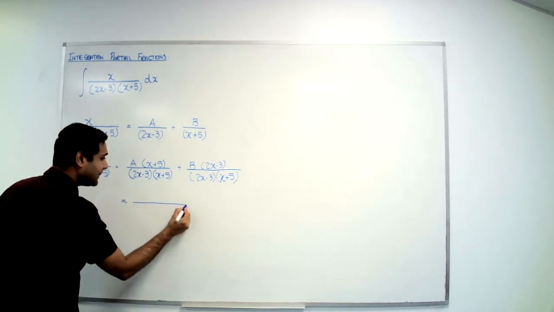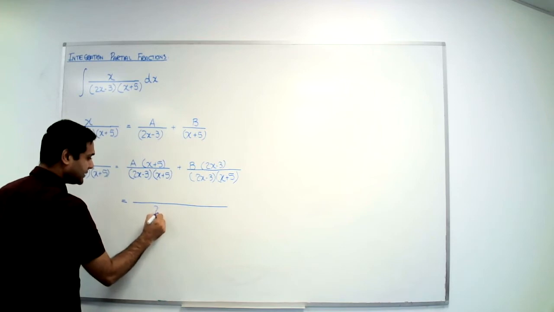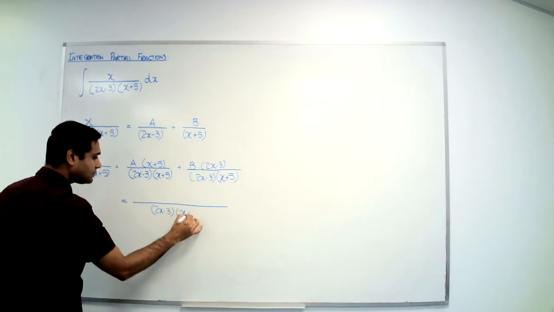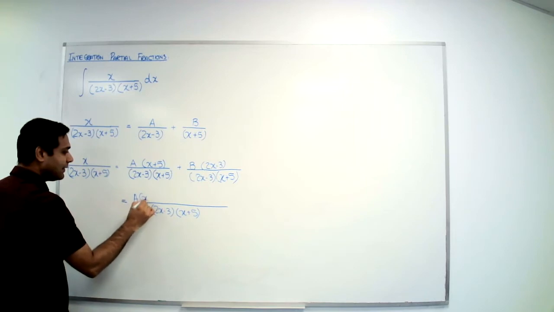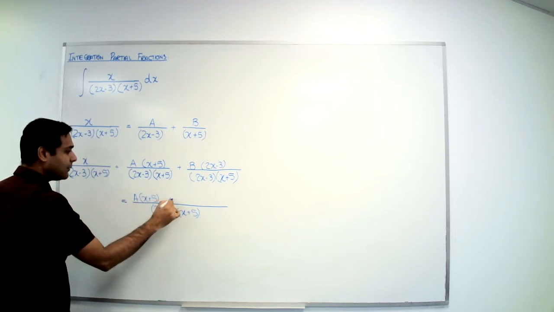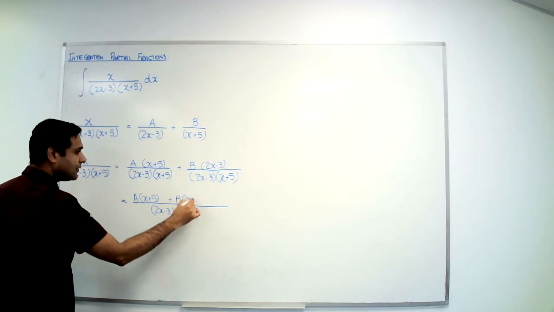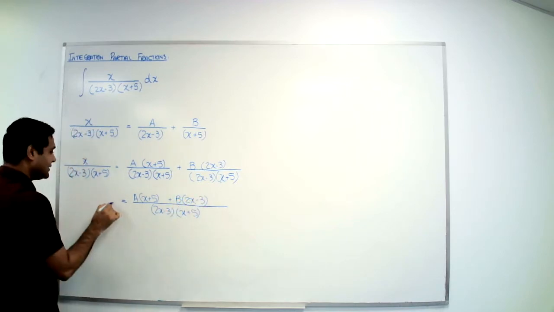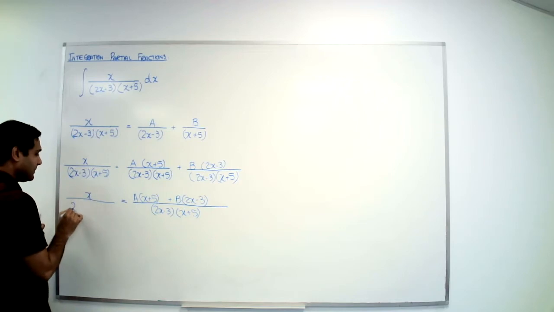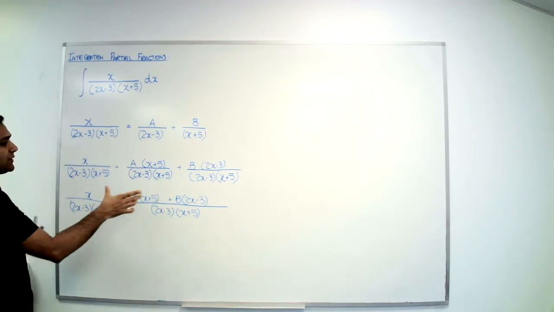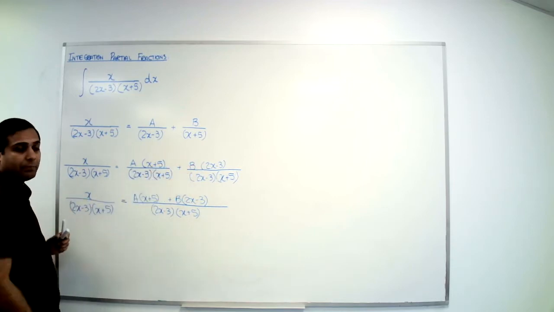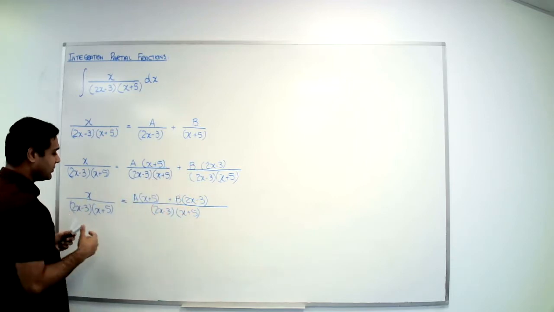When the denominators are the same, we just write down the denominator once on this side, and here you write a times x plus 5, plus b times 2x minus 3. Because the denominator was the same, I just added the top bit straight away. That's it. I just write the denominator once.